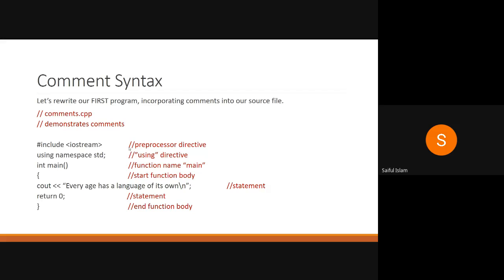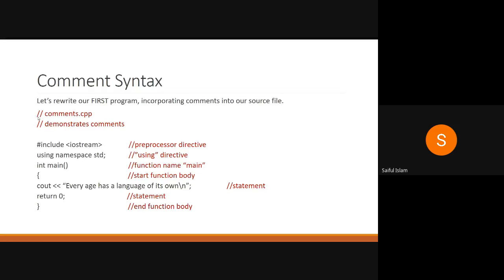Here again, anything following it will be ignored by the compiler to the end of the line. Similarly, anything following this is ignored till the end of the line. So here the first part is read by the compiler and the remaining is ignored. So what we are doing is commenting the entire line, or commenting the remaining part of the line.